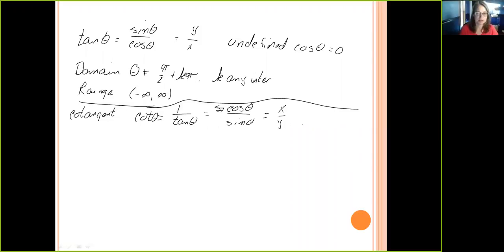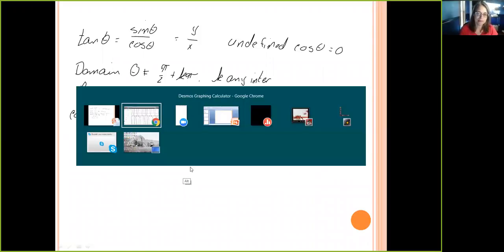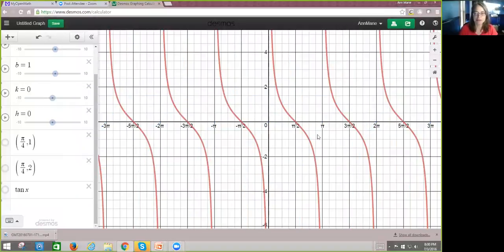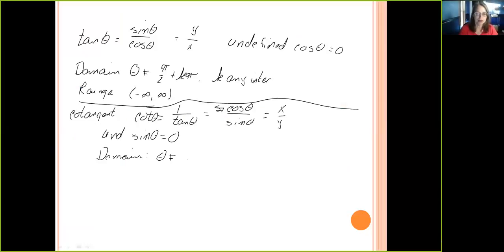So for this one, it's undefined wherever sine of theta equals 0, which means our domain is theta cannot equal what? Pi, right? Integer multiples of pi. So k pi.